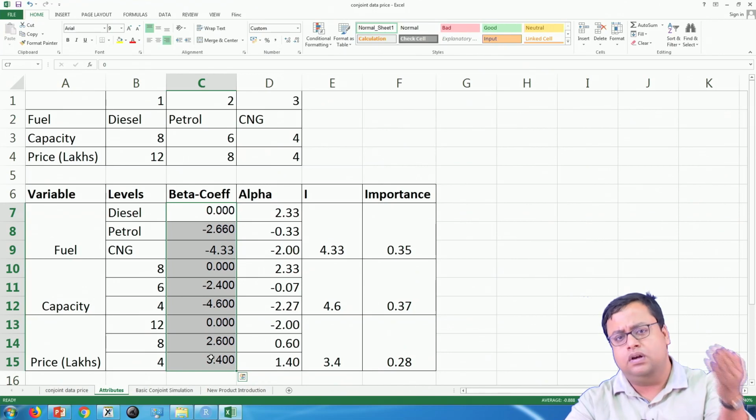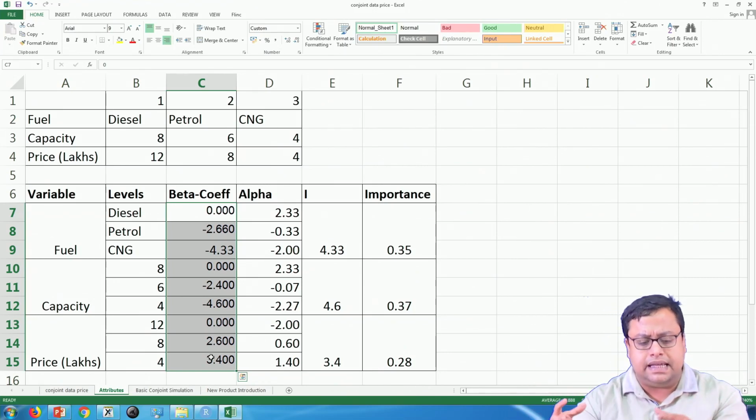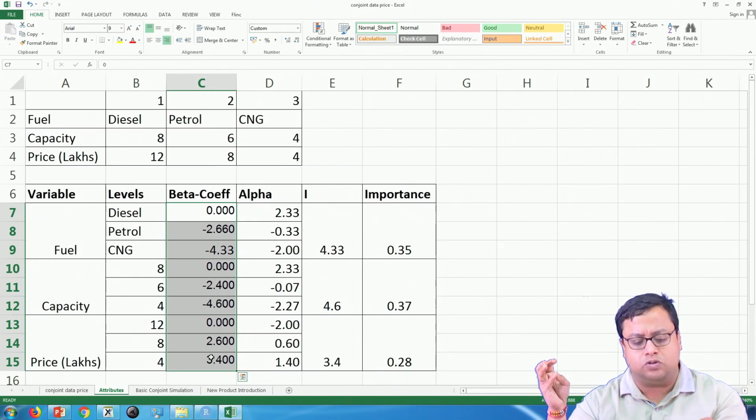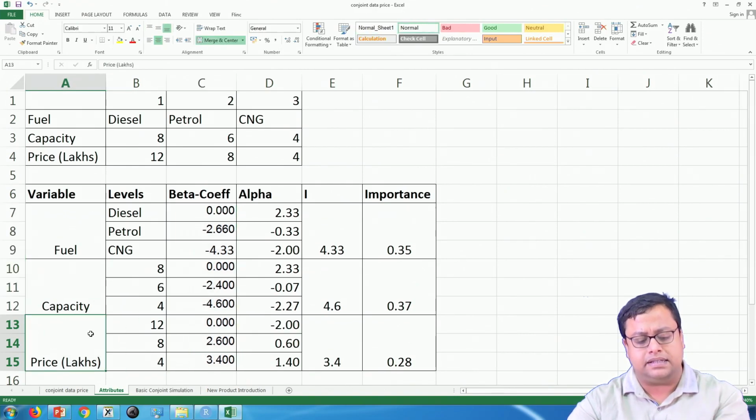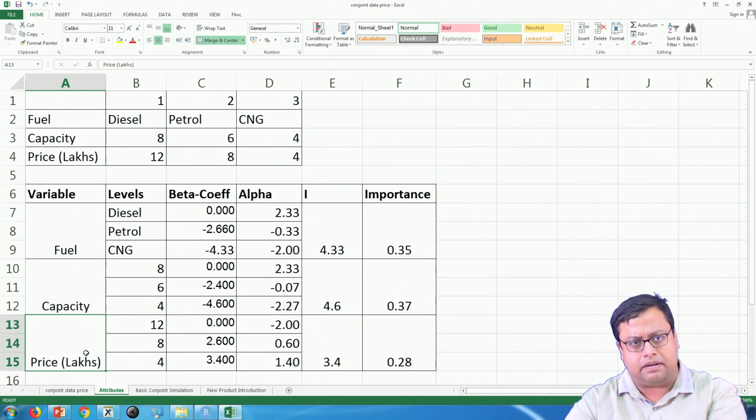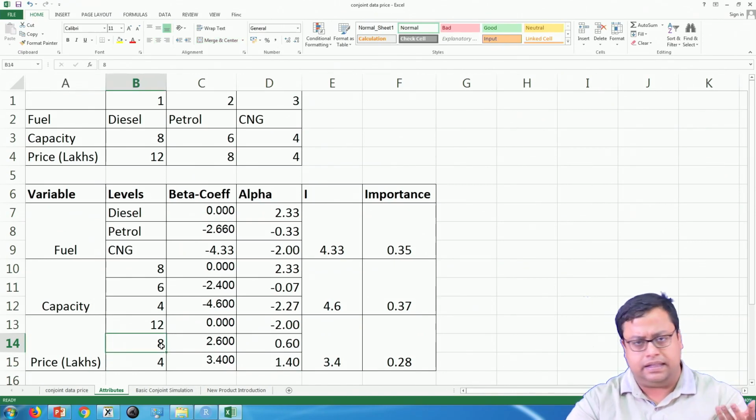If I have a new observation, let us say a new car, and that car has diesel with capacity 6 and with price 2.6. So, I can directly price 8 lakhs. Then I can directly find out what is the willingness to pay, or probably something else, I do not know. So, category variable x3, which is 8, I think, let us say.